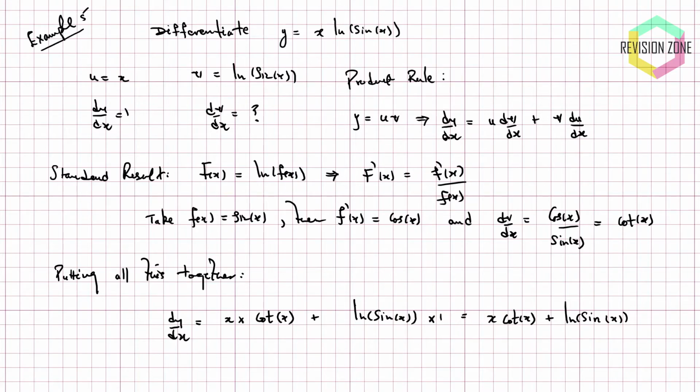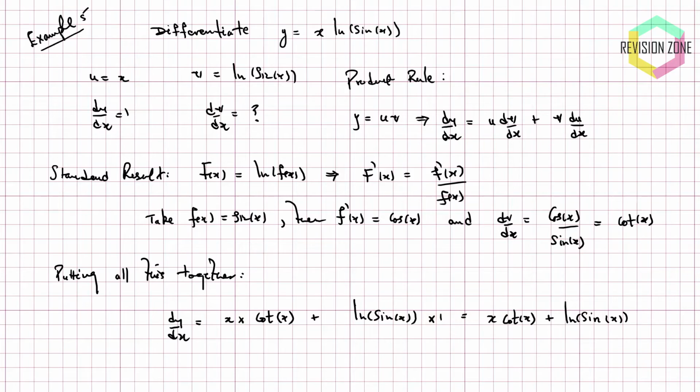Of course, we know how to differentiate sine x, which just gives cos x. That's a standard result. Therefore, we can now work out dv by dx, which is f prime x over f of x, which is cos x over sine x, which is nothing other than the definition of cot x. So now we have u, v, du by dx, dv by dx, and we can just put everything into the formula for the product rule.